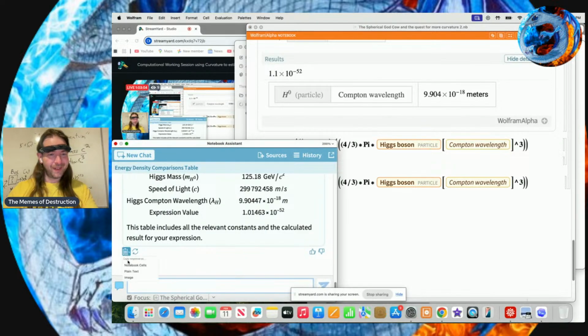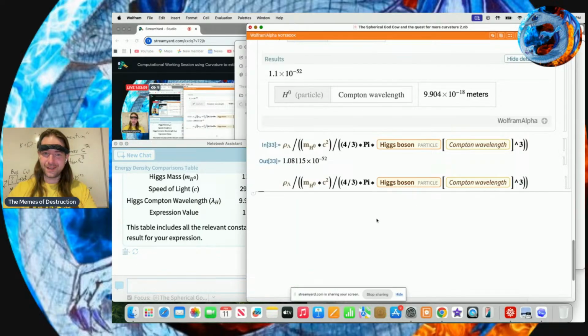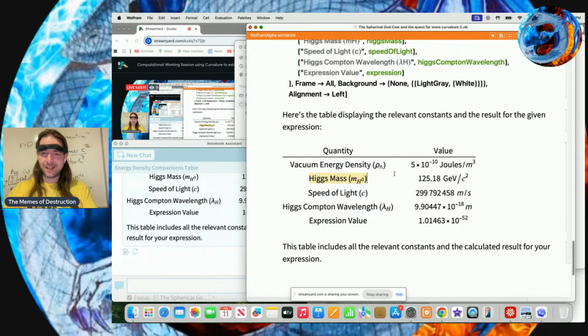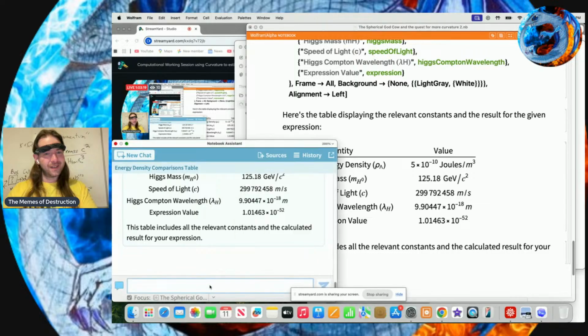Copy response. Cells. Okay. Oh, that's nice. All right. Great. Turn it into a nicely formatted grid.